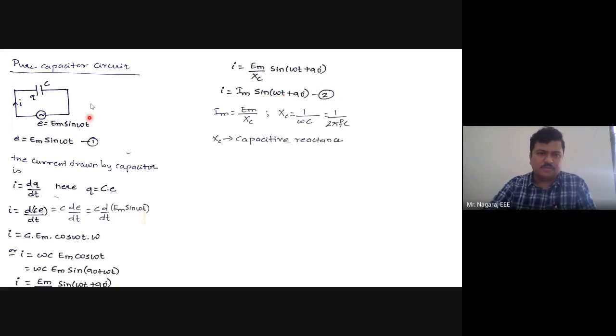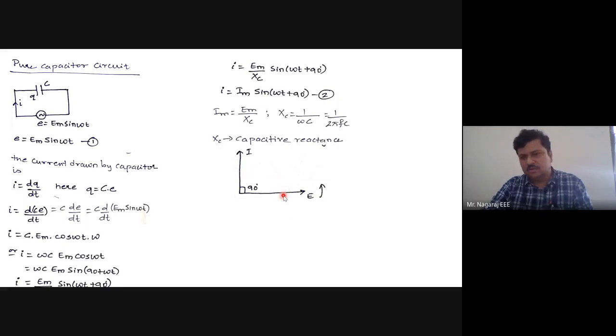So in a pure capacitive circuit, current will lead the voltage by an angle of 90 degrees. The direction is upwards, that is anti-clockwise. Current and voltage are two rotating vectors, and current leads the voltage by 90 degrees.